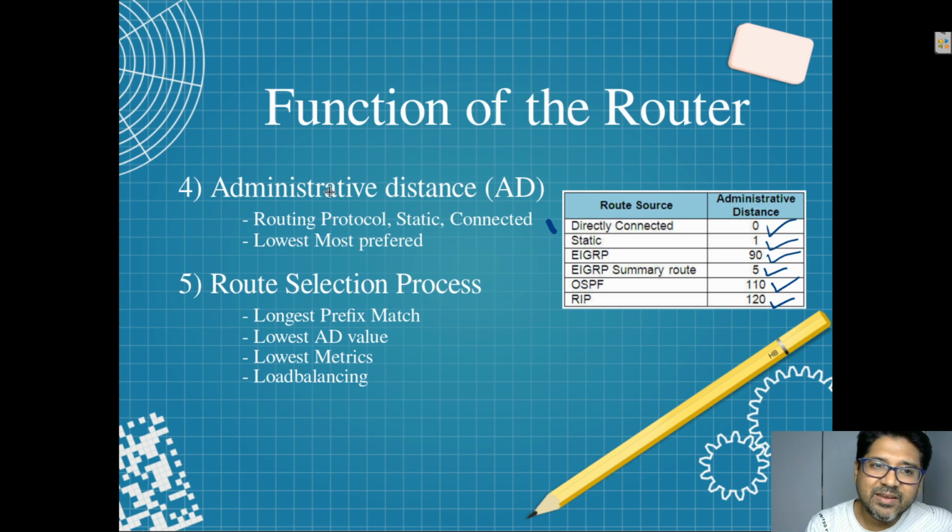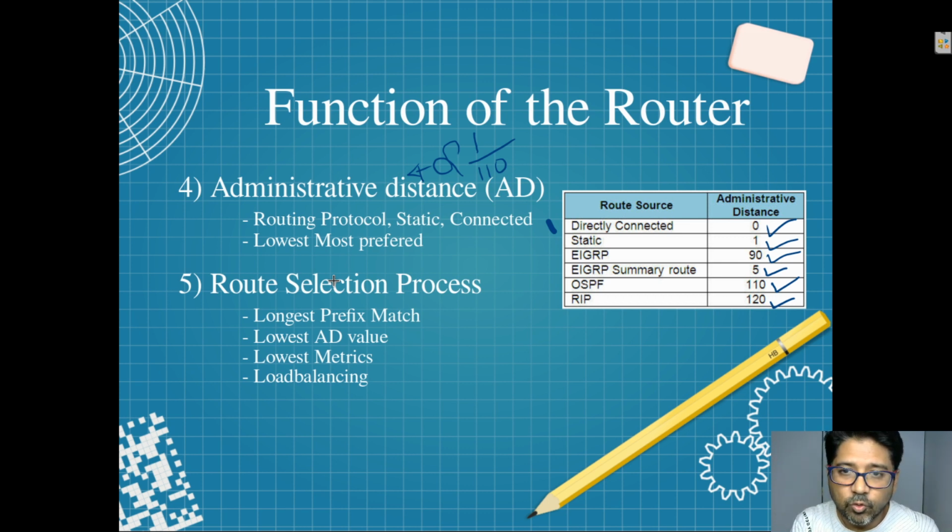So this administrative distance is inversely dependent on the integer value. It means the higher the value, the lower the trustworthiness. So the lower the administrative distance, the higher the preference in the routing table, or you can say the higher the trustworthiness.